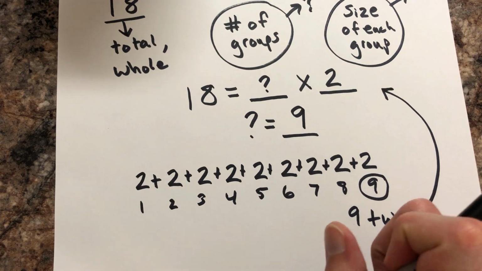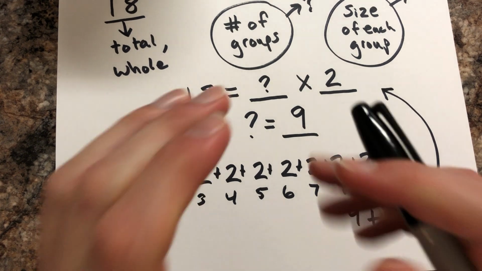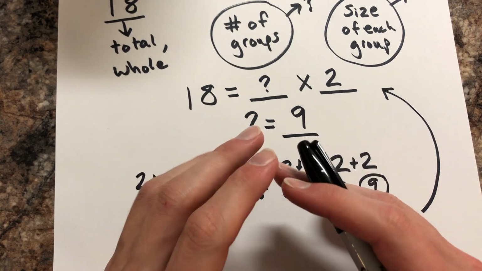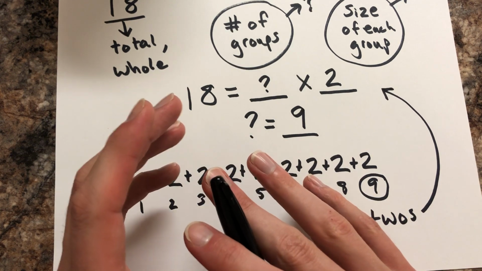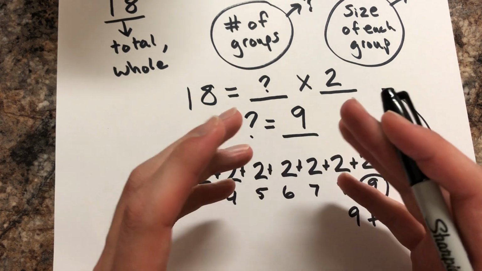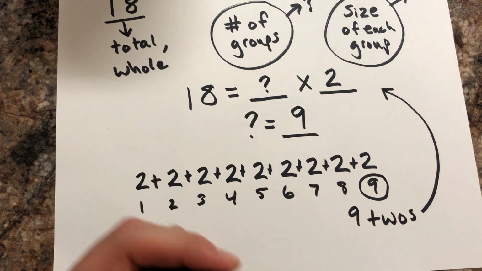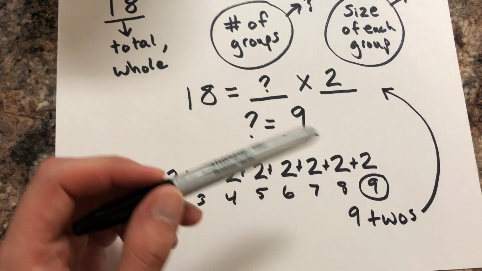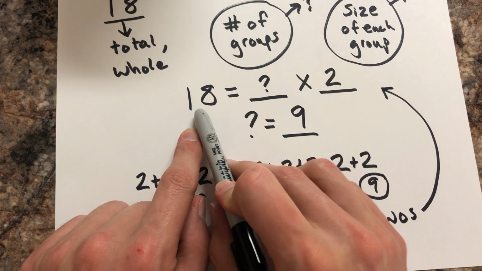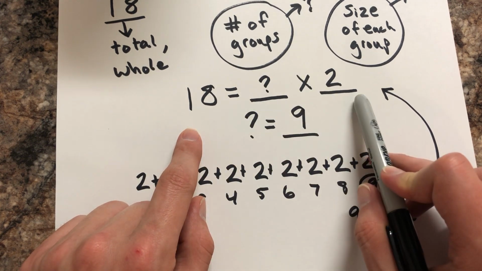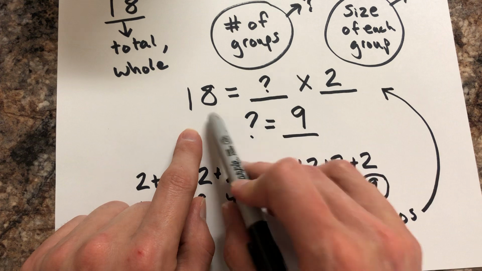Awesome. So in today's work, you're going to be drawing pictures, doing repeated addition, skip counting, making an array, using different strategies to solve word problems to write your multiplication sentence as a missing factor. Okay? So this is the goal.